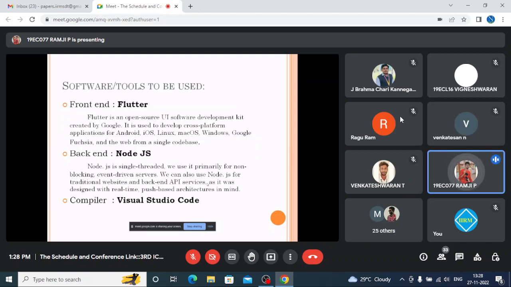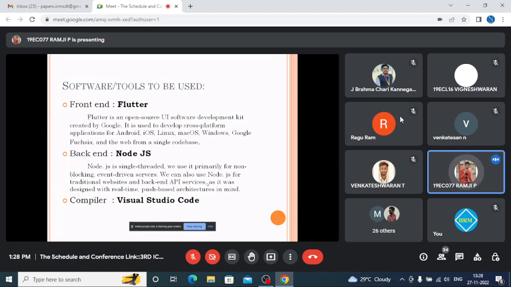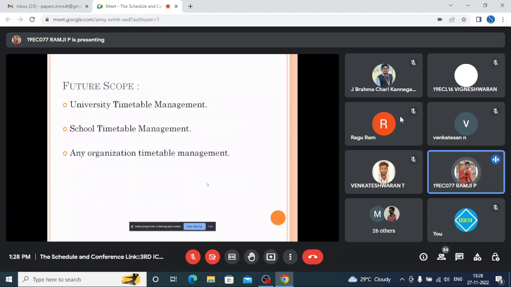As my colleague already mentioned, he is also using the same software to build the app. As I already mentioned, for the front end I'm going to use Flutter, the back end Node.js, and the compiler Visual Studio Code. As you all know about these three, my colleague already mentioned them, so just skip this slide.